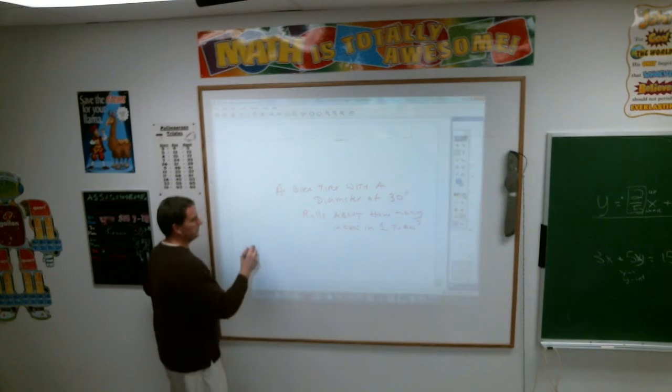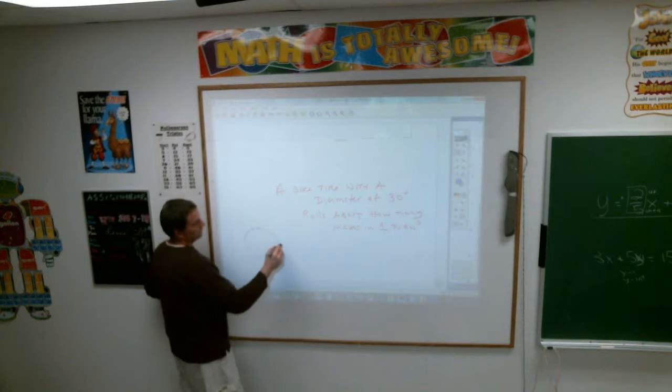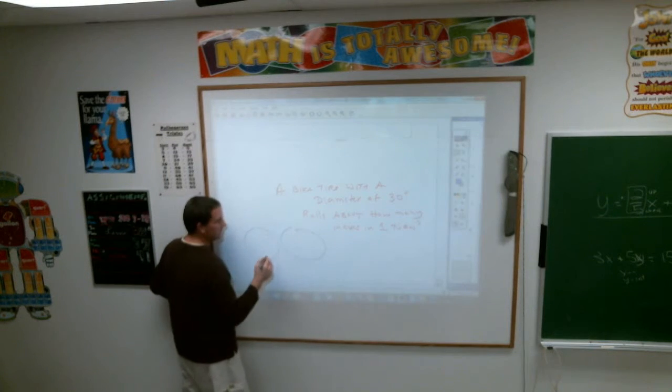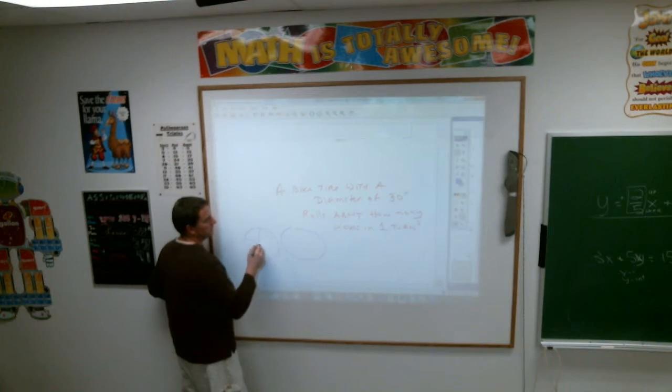here is my bike tire. Sure, if you want to draw the whole bike, why not? I'm going to give it spokes, make it look good. It's not the best bike in the world. You could put a little bicycle seat here, handlebars come up here.